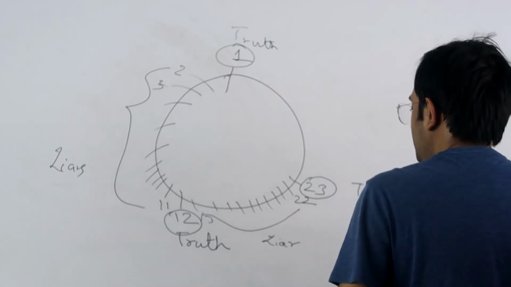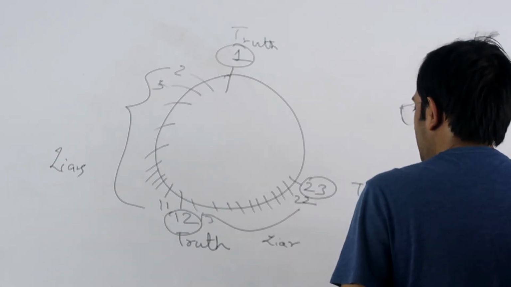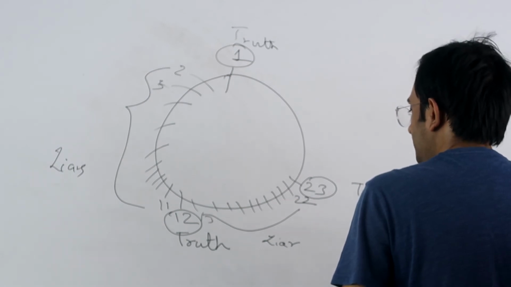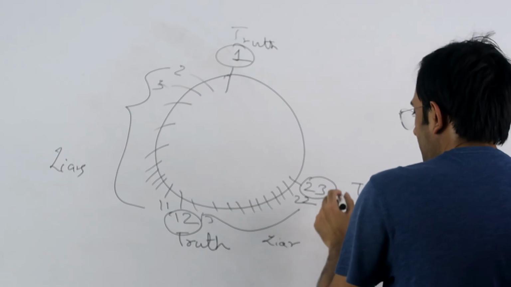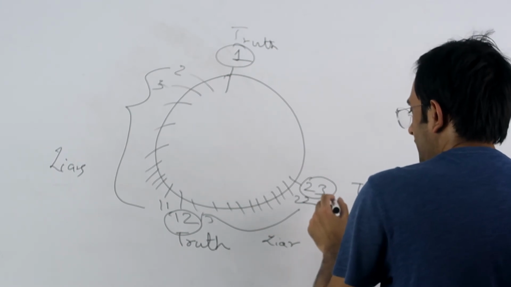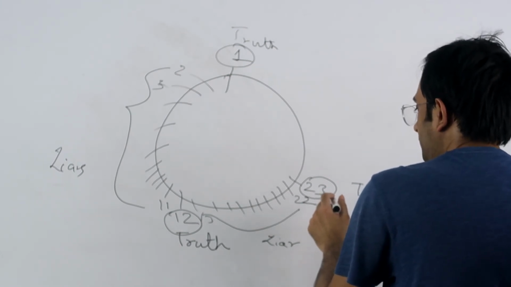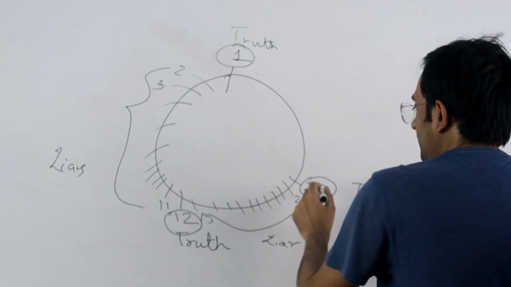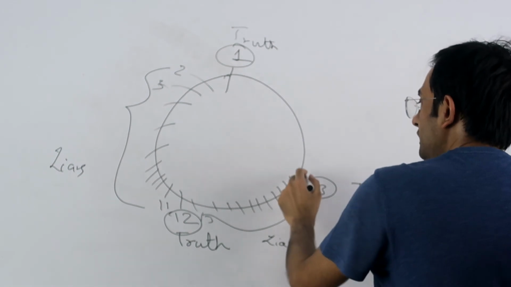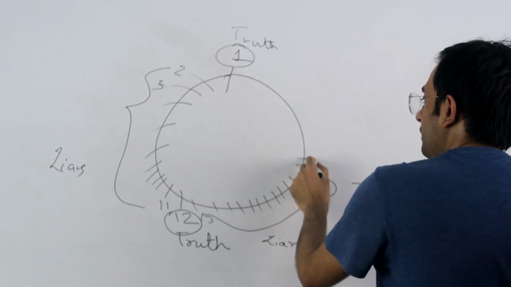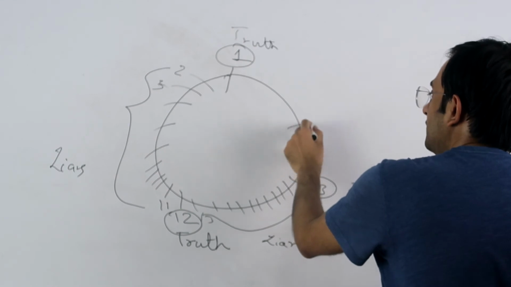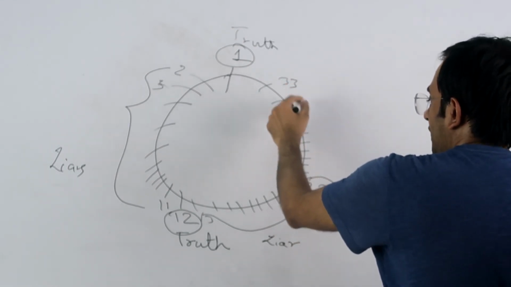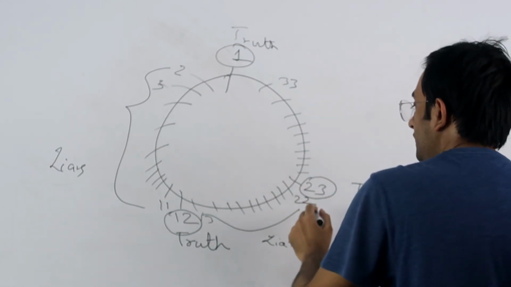Again, person 23 says that the 10 people to my immediate right are all liars. Person number 23, we already know, is a truth teller, so his statement indeed has to be true. This means that person number 24, 25, 26, 27, 28, 29, 30, 31, 32, 33 indeed have to be all liars, because person number 23 is a truth teller.